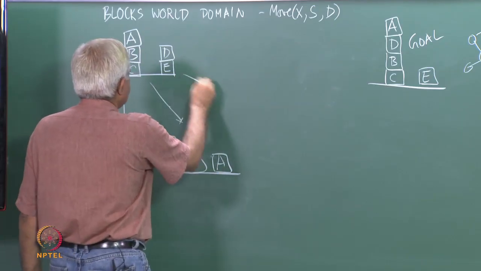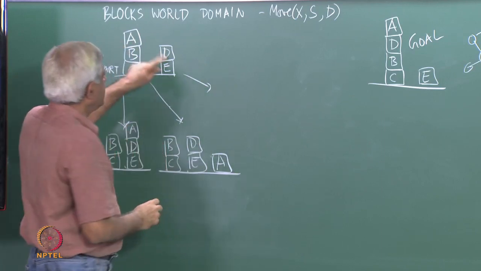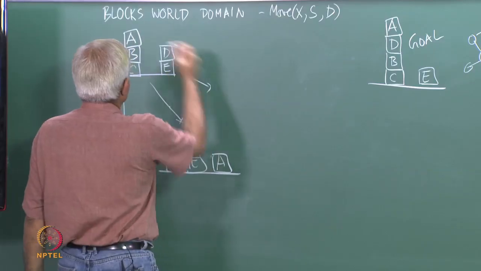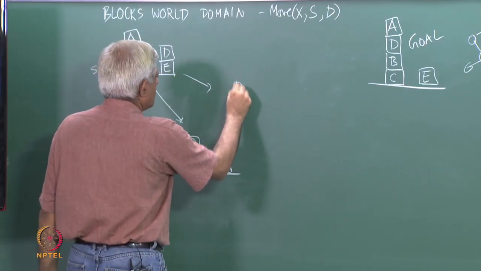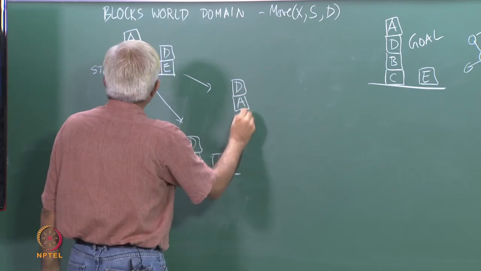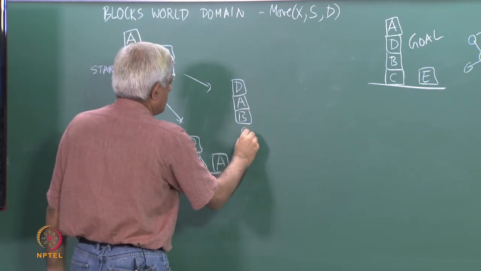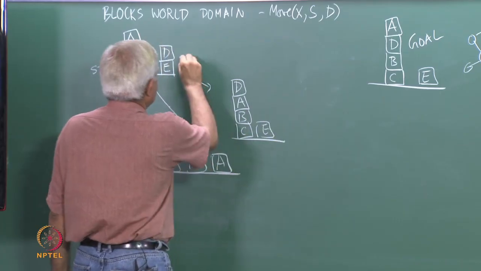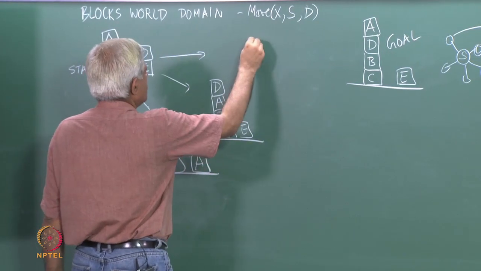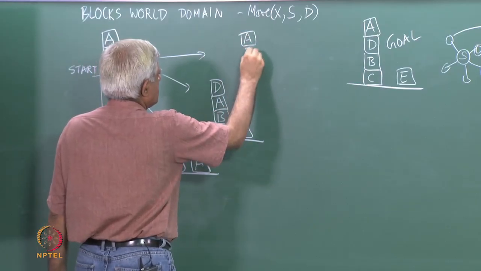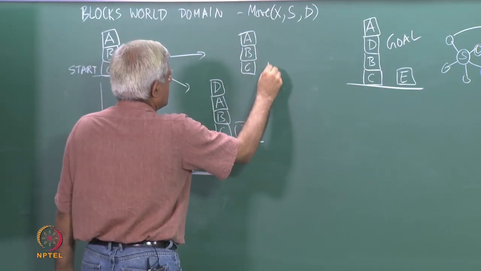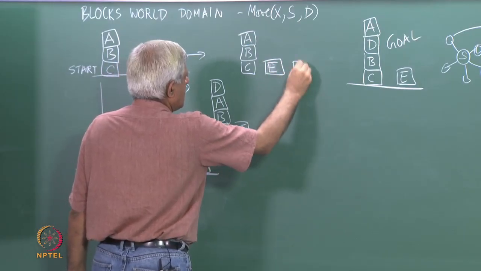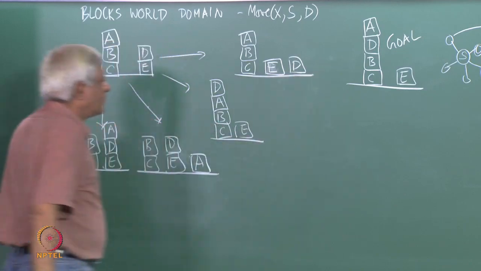A third move is you can move D. Only A and D are the 2 blocks you can move here, because they are the only ones on top of a stack. So, you can put D on top of A, whereas E remains here, and the fourth possible move is that you can put D down. These are the 4 possible moves essentially.